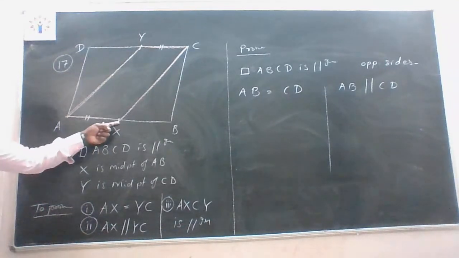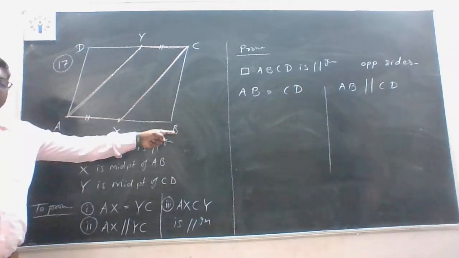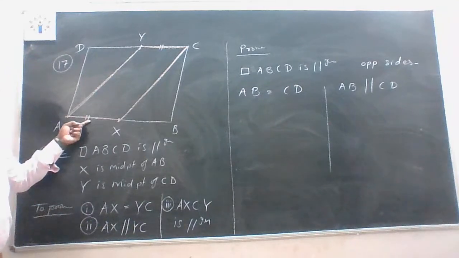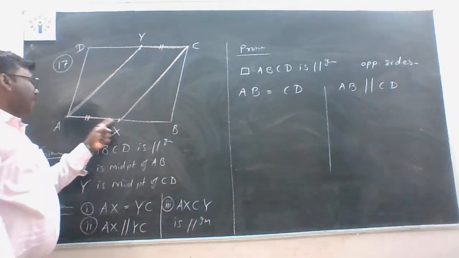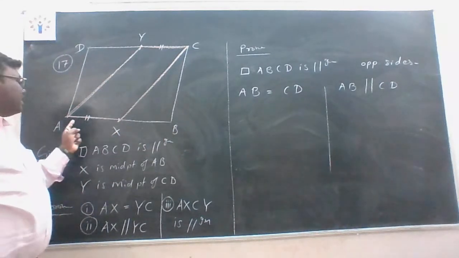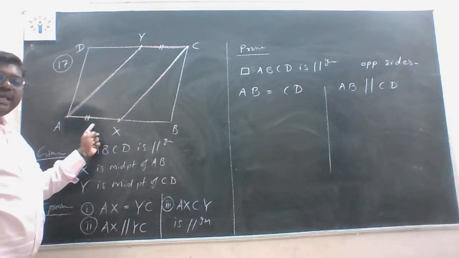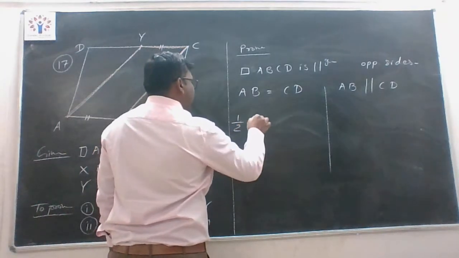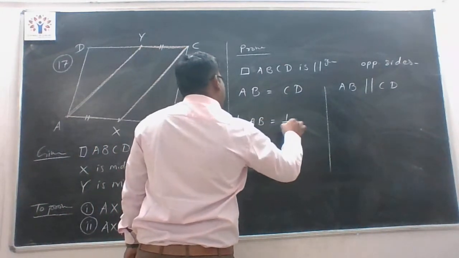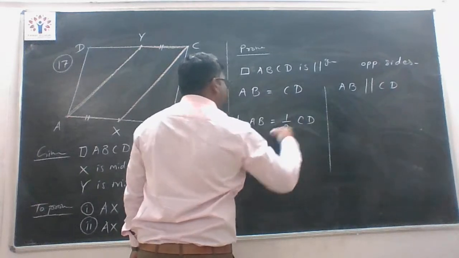Now, X is the midpoint of AB. Can we say AX is half of AB? Right? If X is the midpoint of AB, it means the length of AX will be half of AB. So multiply both sides by half.